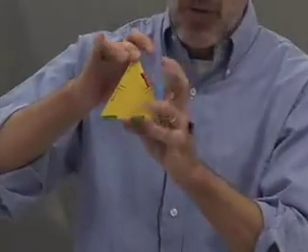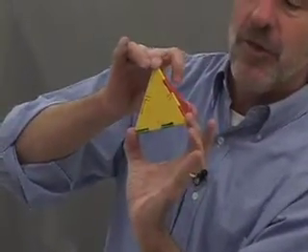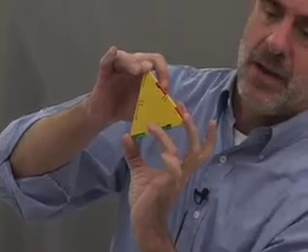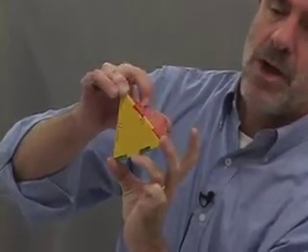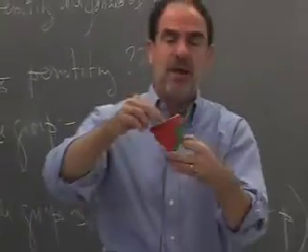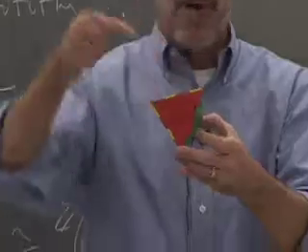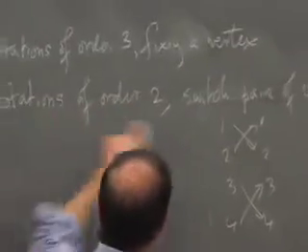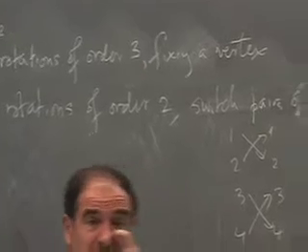If I took these two, and then I have these two, I draw the axis through here and rotate 180 degrees around that. So you have to actually do that with a tetrahedron in hand, and you'll see that there are three pairs of opposite midpoints that you can use. That gives you 3 elements of order 2, whose permutations look like this.